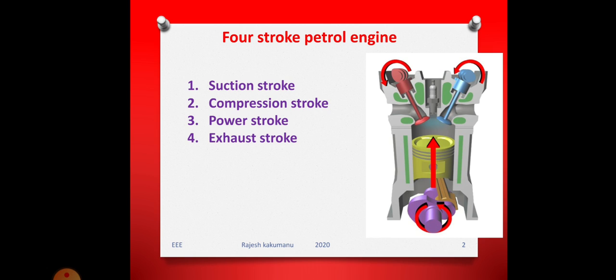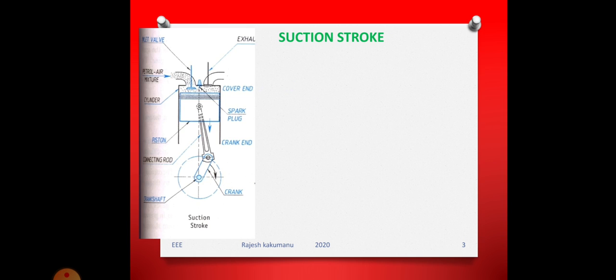In the 4-stroke petrol engine we have four strokes: the first is the suction stroke, the second is the compression stroke, the third is the power stroke, and the fourth is the exhaust stroke. Now we see clearly what happens in all four strokes. See the line diagram of the suction stroke: the inlet valve is open, the exhaust valve is closed.